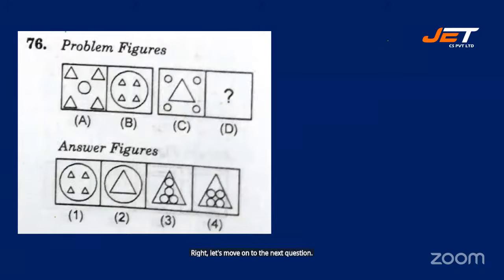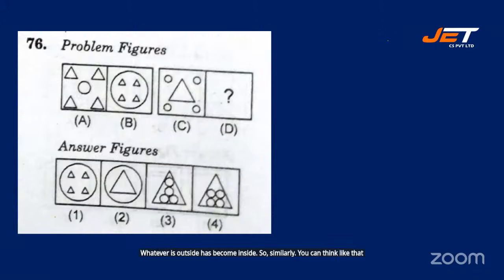Yes, see, very interesting question. A very decorative rangoli, isn't it? What should be option D? In option A, we have 1 circle and 4 triangles. Option B, whatever was inside, now that has become the outside. Whatever is outside has become inside. So similarly, you can think like that.